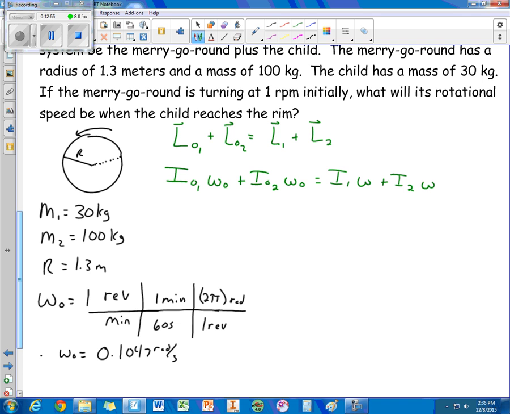Okay, so the child is a point mass. So the child's moment of inertia would be m r squared initial. The merry-go-round is a solid disk, so it's 1/2 m r squared.